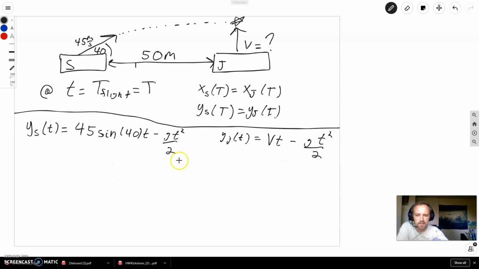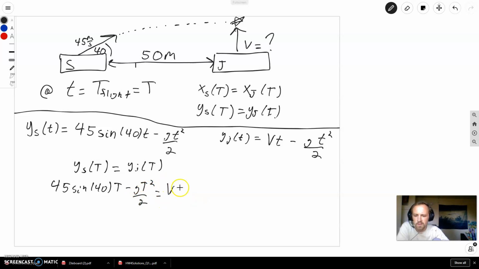Now what do you notice here? They look kind of similar, don't they? And thankfully, we can exploit that. If I do y_S evaluated at a time equals y_J evaluated at a time, I will get 45 sine of 40 t minus gt squared over 2 equals V times T minus gt squared over 2.